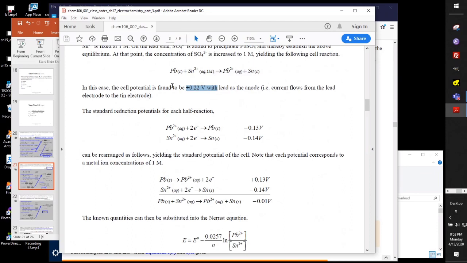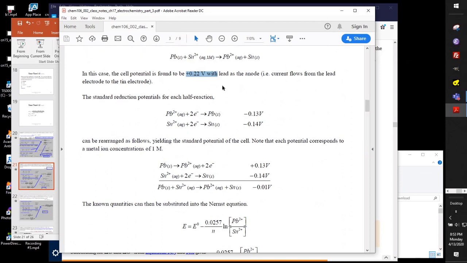And we know that because we hooked a voltmeter to it, and the current flowed from the anode to the cathode, that registers as a positive current or positive voltage on a voltmeter.